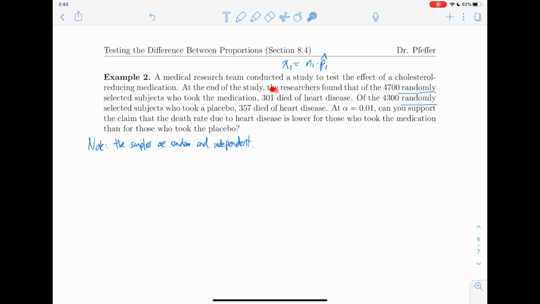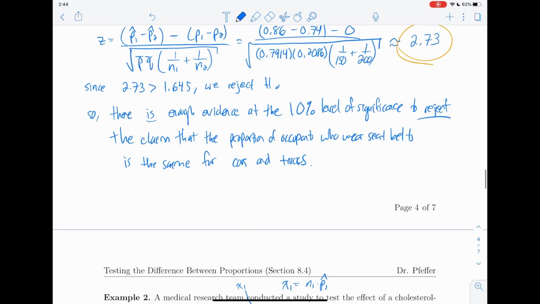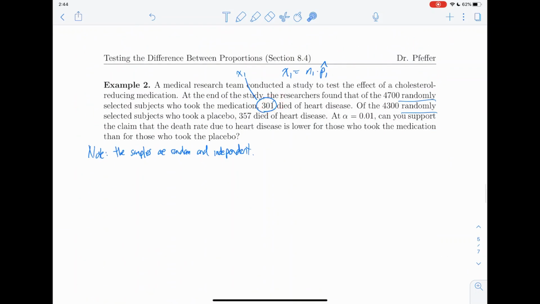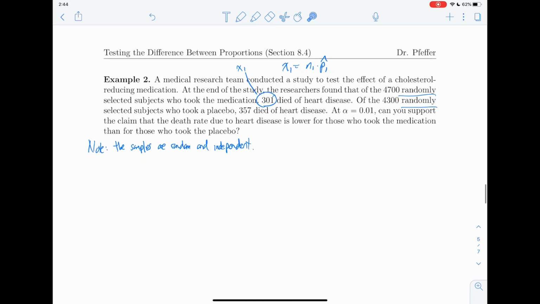We only know the actual number of people that died of heart disease. This 301 is actually representing X1. And so this is somewhat different from the previous problem. In the previous problem, we were given the percentage and we had to find the number. Here, we're given the number, and so we have to find the percentage. So it's somewhat different. Still using the same formula, but we're solving for a slightly different value.